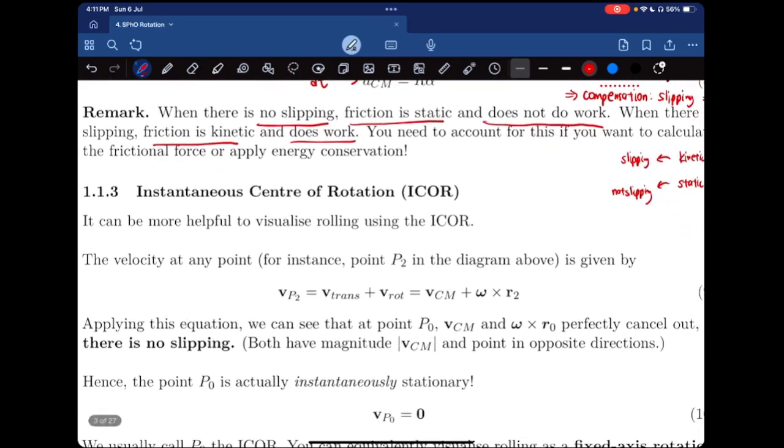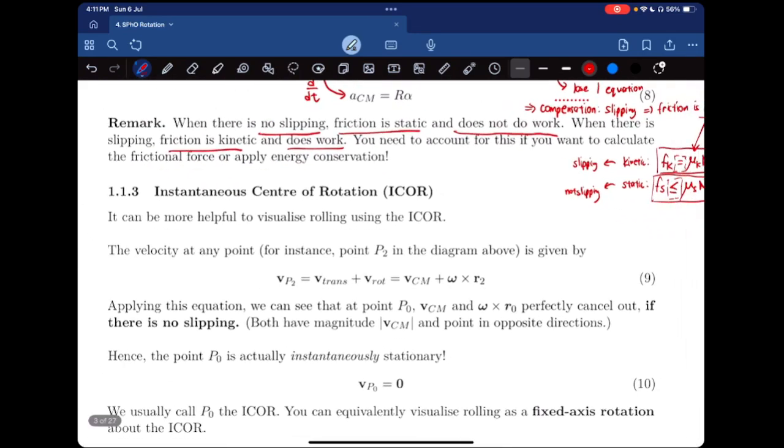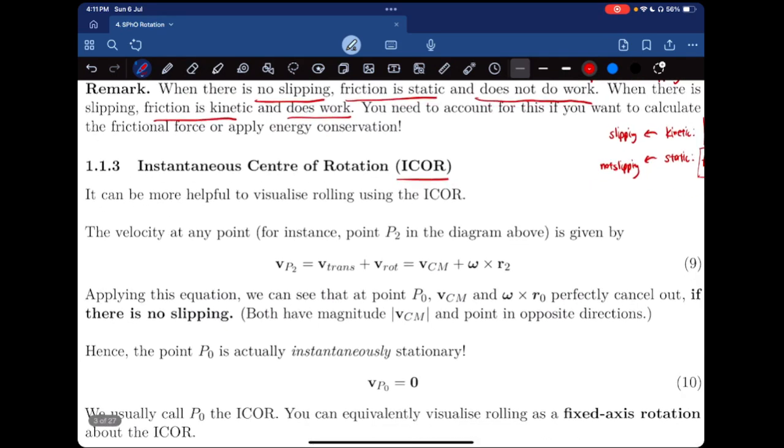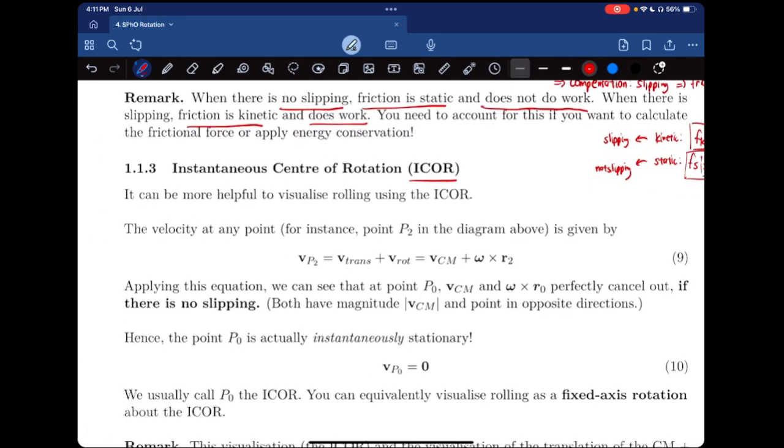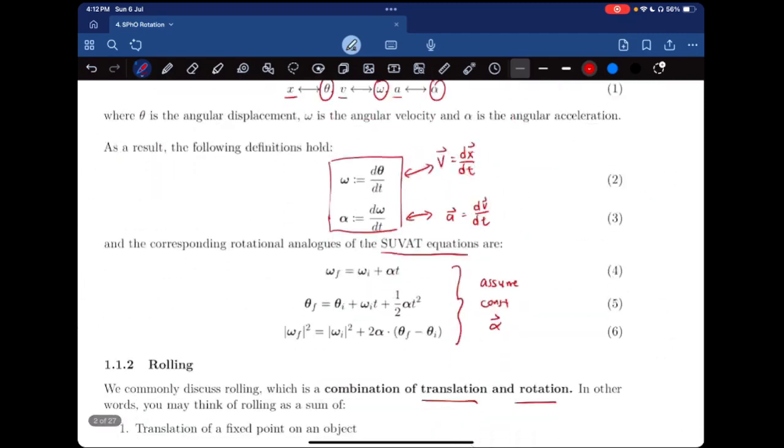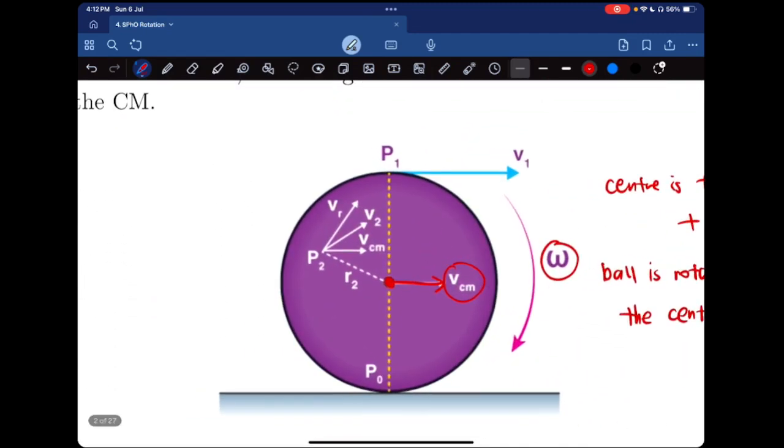The next concept about rotation is the instantaneous center of rotation, which we'll call the I-CoR for short from now on. So if we go back to the diagram here, you see that there's some random point on the ball called P2 here.